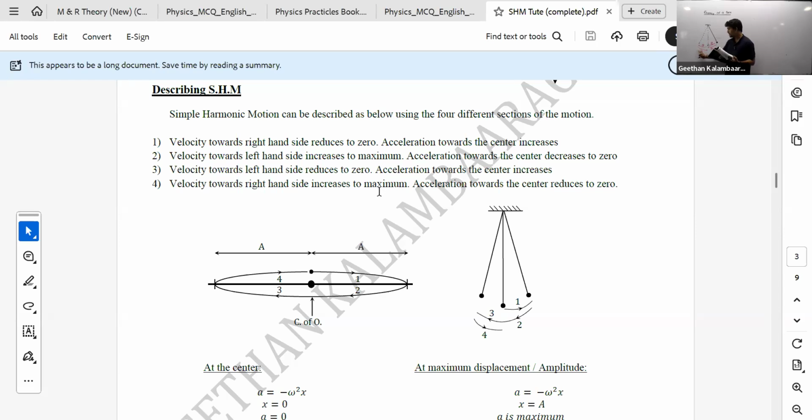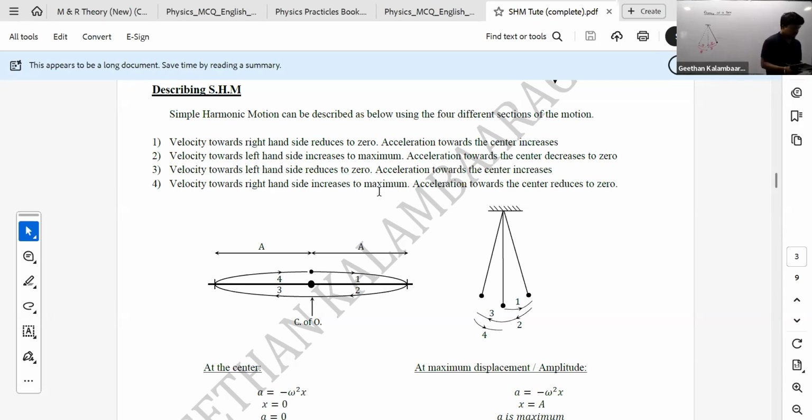Coming back, velocity towards the center increases, and acceleration towards the center decreases to 0. So likewise you can describe the simple harmonic motion.